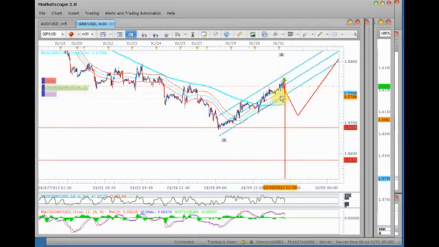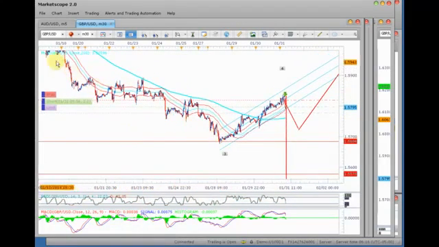The flagpole is not perfectly straight, but usually we get these little bear flag consolidations and a drop. So I'm looking for some type of drop. I don't know how far, either this big one or a small one, but I think we've petered out.